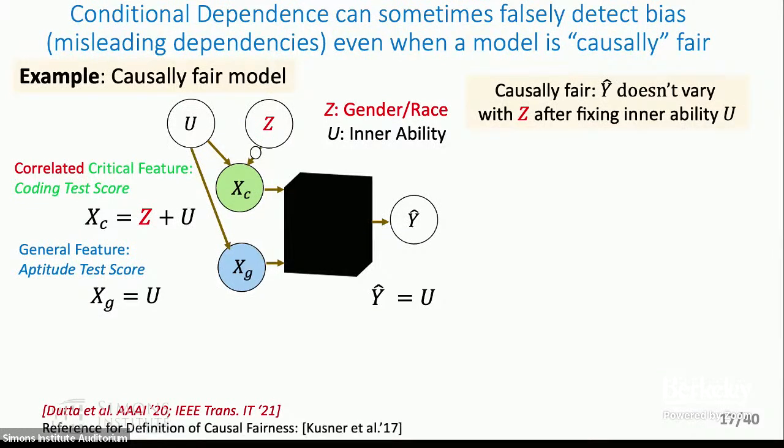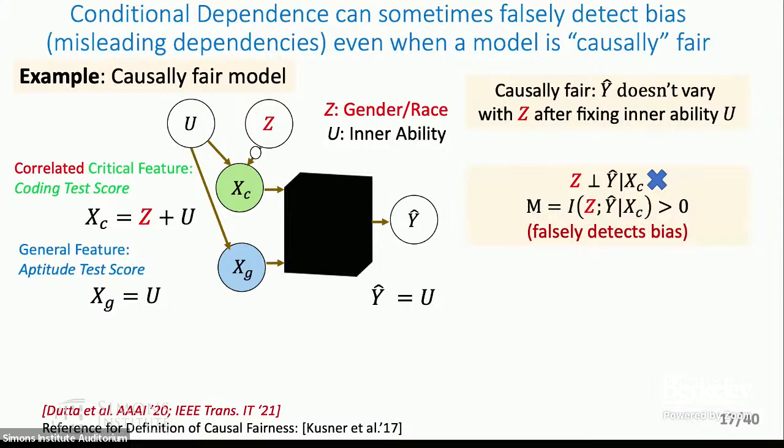And this is a reference for causal definitions of fairness, which essentially say that the model is fair from a causal perspective if the output Y hat does not have a causal influence from this sensitive attribute Z. So this is a scenario which is fair from these causal definitions of fairness. But if we look at this kind of conditioning on the critical feature approach, here conditioning will say that the mutual information is greater than zero.